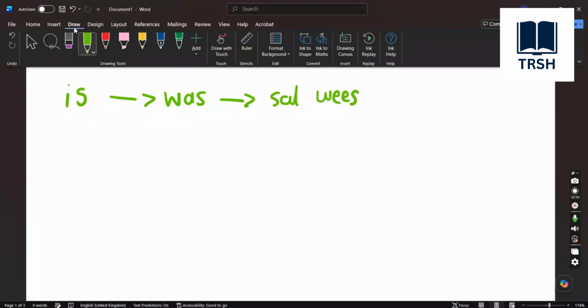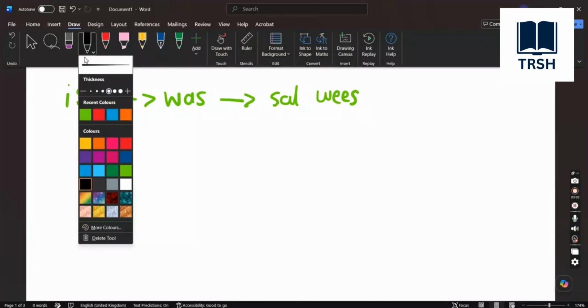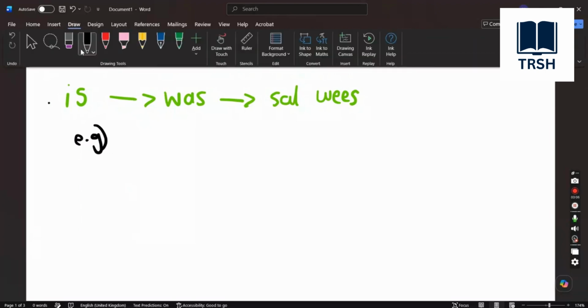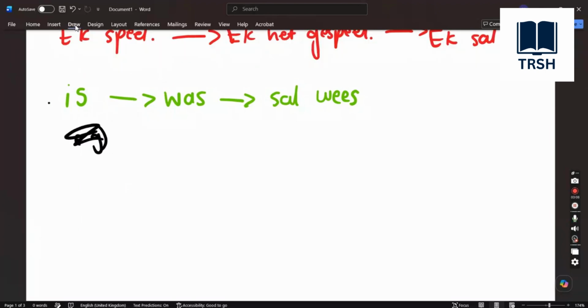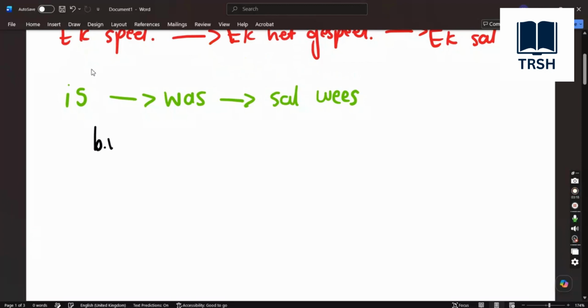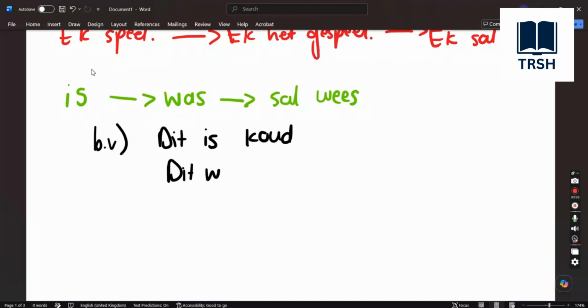So let me not write it like that. This is an Afrikaans session, so let me erase this and try again. Byvoorbeeld: dit is goud. To change this to past tense, it will just be dit was goud.